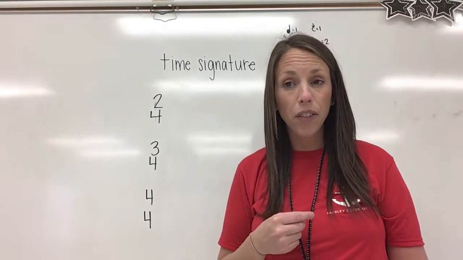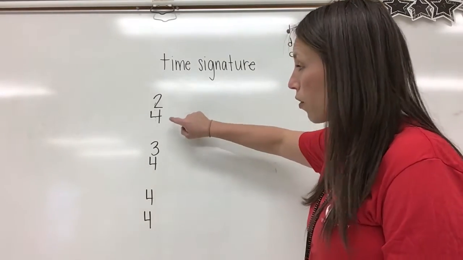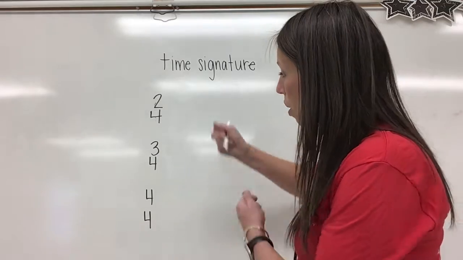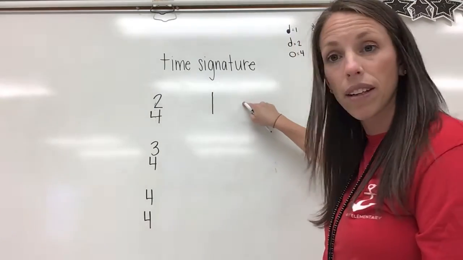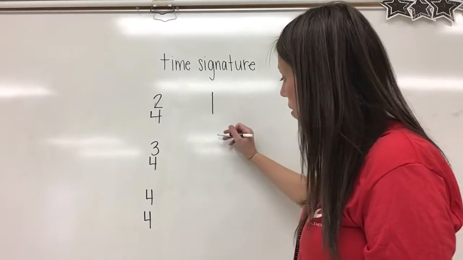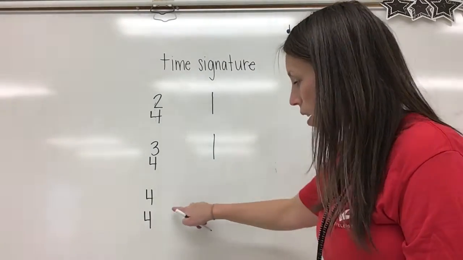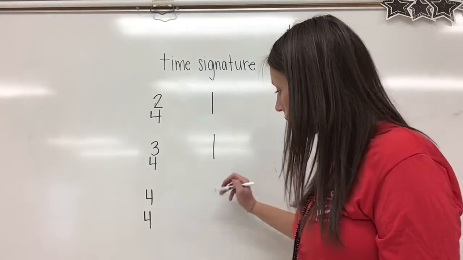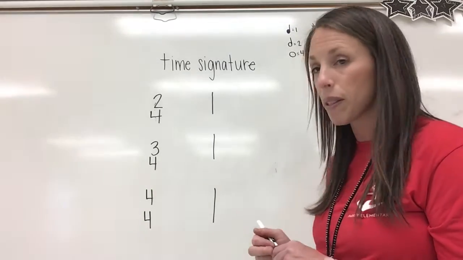Now, I would like for you to compose 2 measures for each. So, for example, here, you'll compose 2 beats, draw your bar line, and then another 2 beats. Here, you'll draw in 3 beats, bar line, and another 3 beats. And here you'll compose 4 beats, draw your bar line, and your last 4 beats.